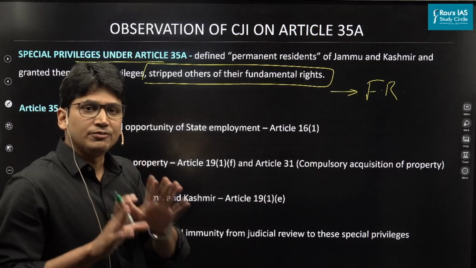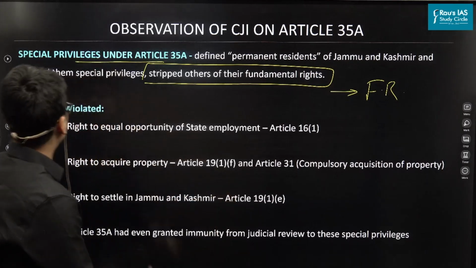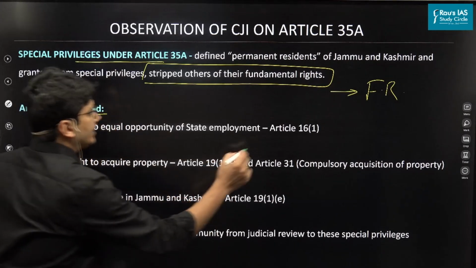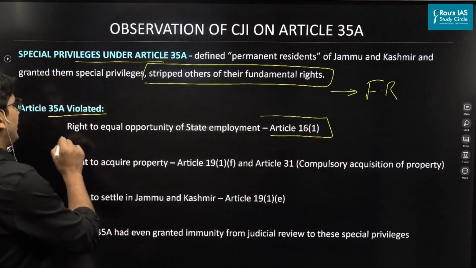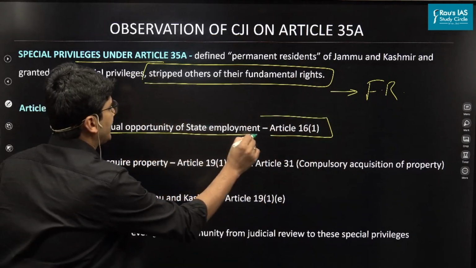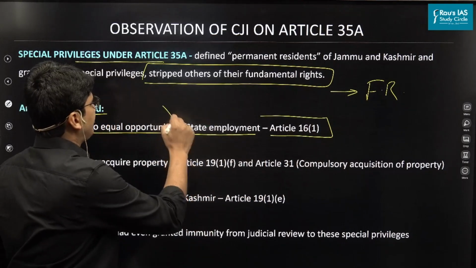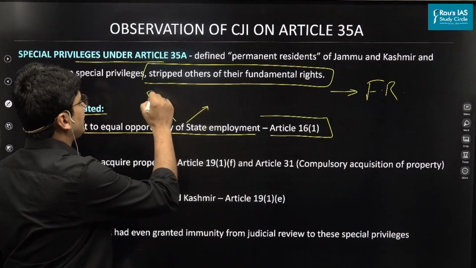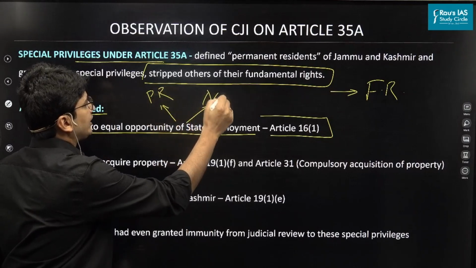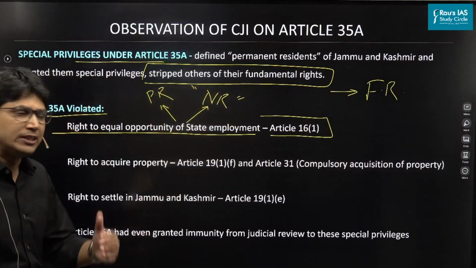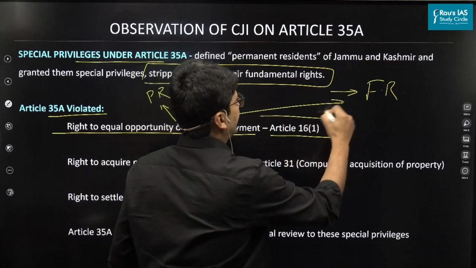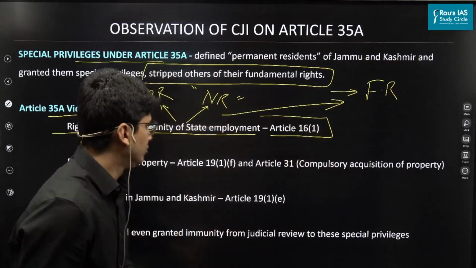The Chief Justice of India further highlights that Article 35A violated Article 16(1) with respect to the right to equal opportunity of state employment, as the state of Jammu and Kashmir earlier bifurcated or separated between permanent residents and non-residents of the state. So this impacted their fundamental right under Part 3 of the Indian Constitution.